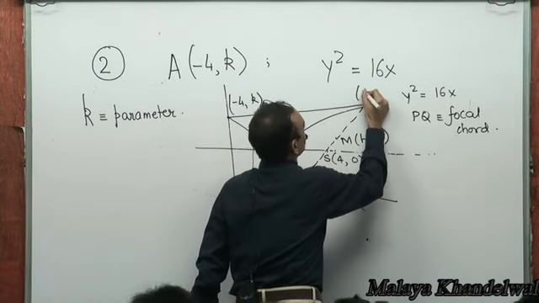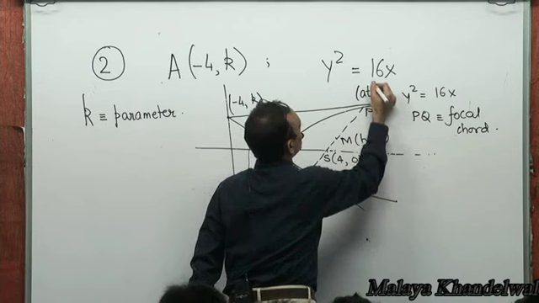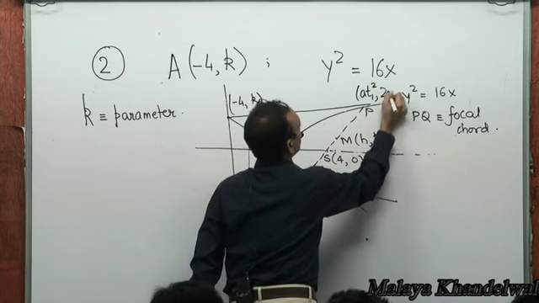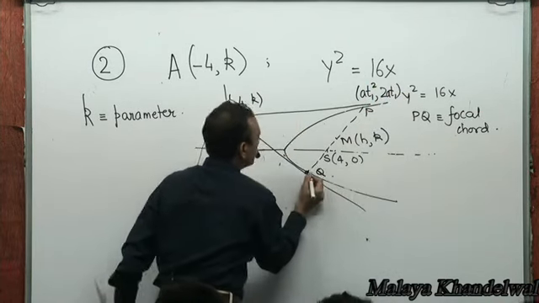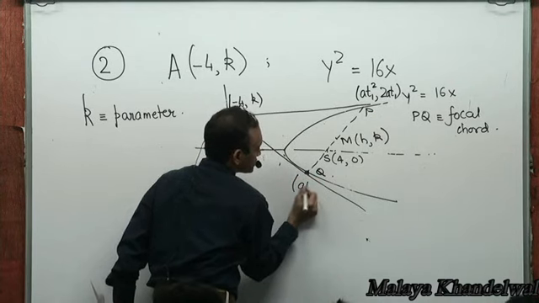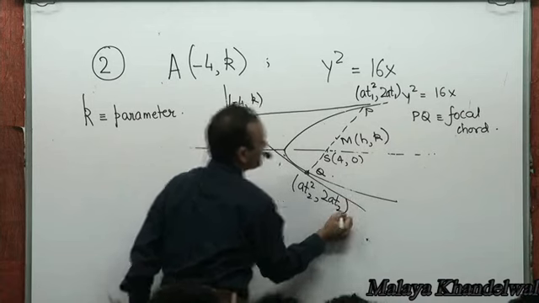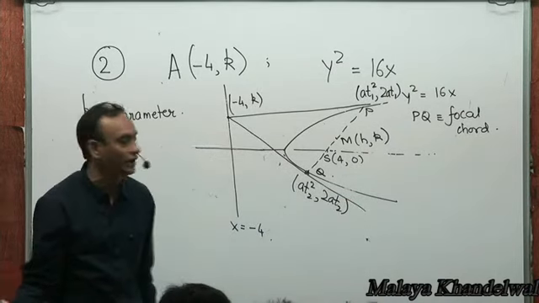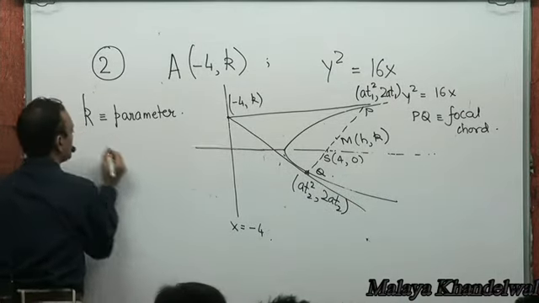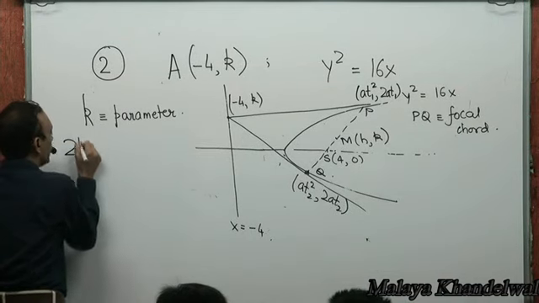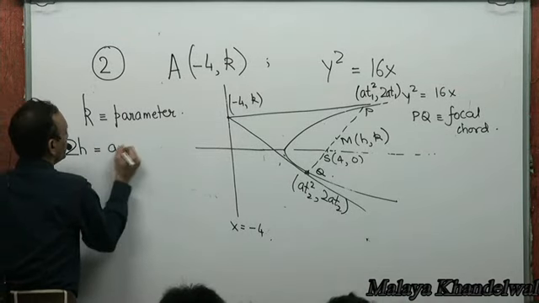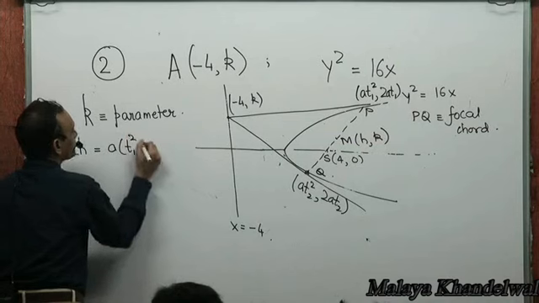If P is t equal to t1, that is, has coordinates (a t1 squared, 2a t1), and Q has coordinates (a t2 squared, 2a t2), that means t1 and t2 are the parameters of P and Q, the endpoints of a focal chord. Then if M is the midpoint, 2h must be a into (t1 squared plus t2 squared).